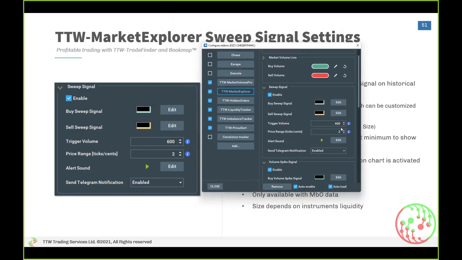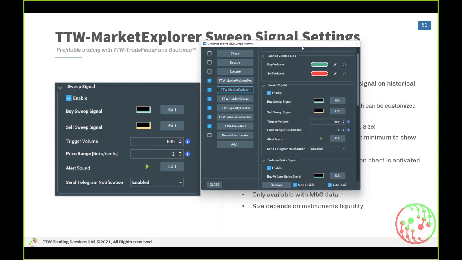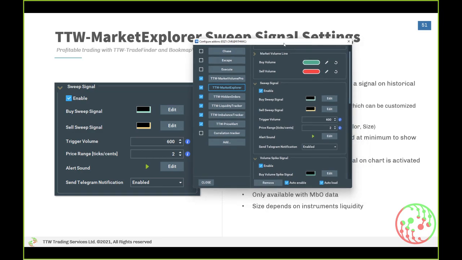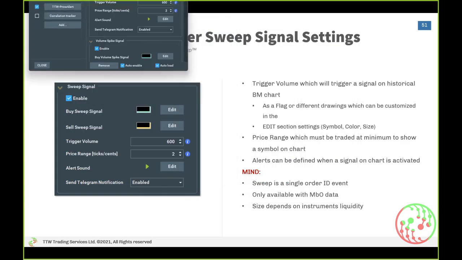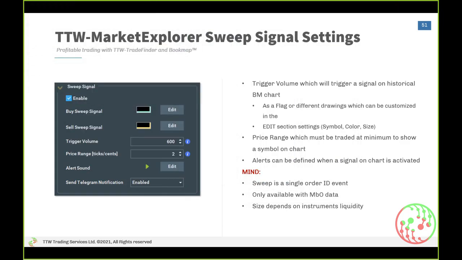So all settings of TradeFinder are based on the instrument's volume, and you know the ES has a different volume than the NQ or TF, Russell, or gold, or soybeans, or treasuries. Keep that in mind.